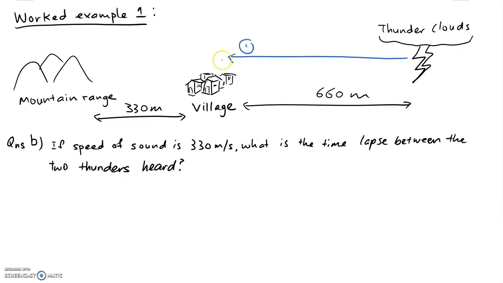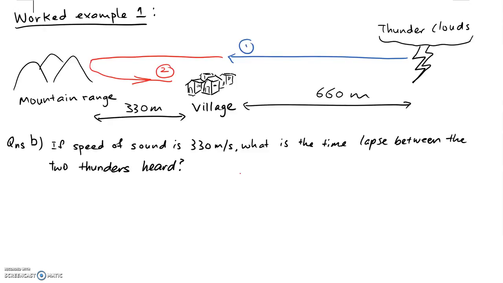But this sound, after it reaches the village, will continue to move towards the mountain range. And once it hits the mountain range, it will turn back. So this is the reflection, and you have sound number 2. So basically, again, similar to the previous question, the time lapse between the first sound and the second sound.